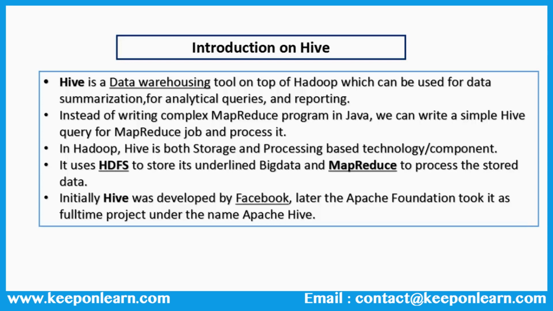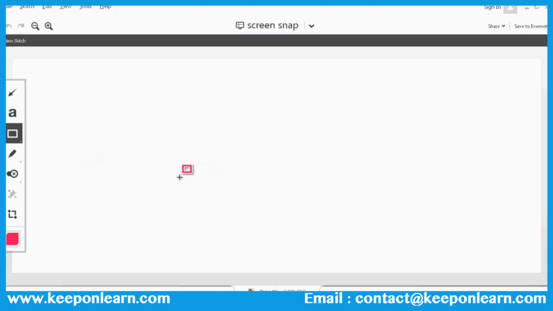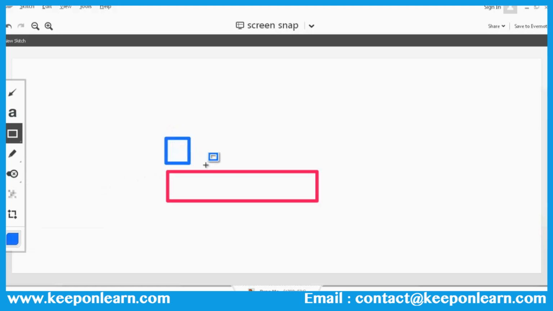So as you know, very simple thing here. Let me draw a simple diagram. This is your HDFS file system. What is the HDFS file system? It's a space where you distribute your data across multiple computers. Then you have one more thing, the processing component, MapReduce.